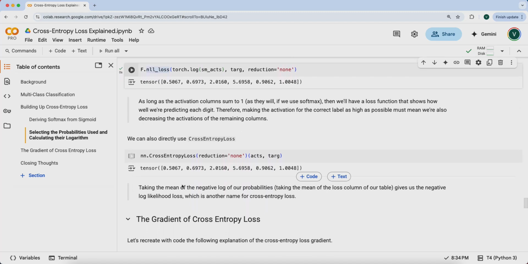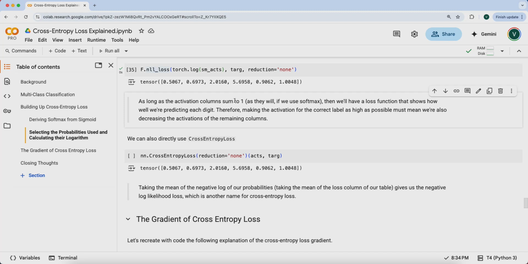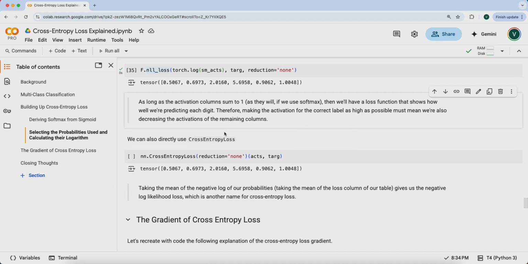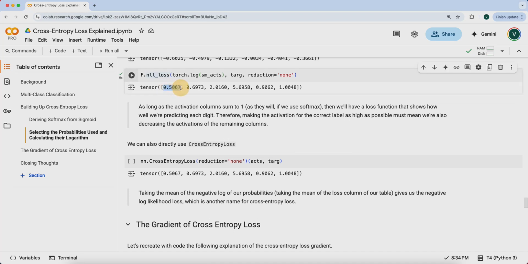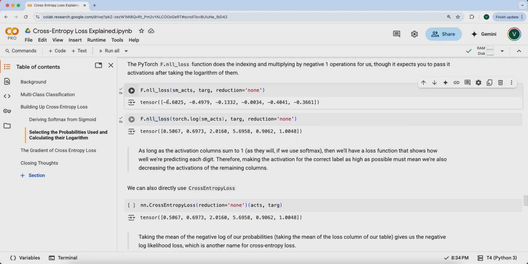Cool. So another excerpt from chapter 5. As long as the activation columns sum to 1, as they will if we use softmax, then we'll have a loss function that shows how well we're predicting each digit. Therefore, making the activation for the correct label as high as possible must mean we're also decreasing the activations for the remaining columns, right? So if this probability is 0.6025, the other probability has to be less than 0.5, right?